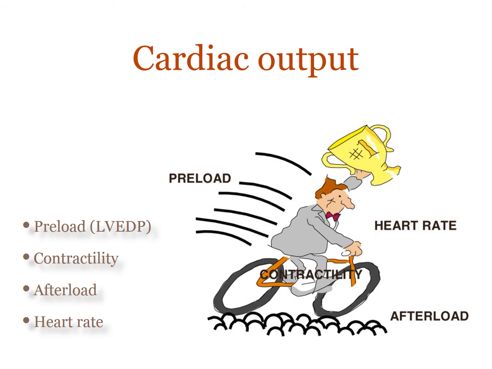And finally, afterload is the force against which the ventricles must act in order to eject blood, and is largely dependent on the arterial blood pressure and vascular tone. Reducing afterload can increase cardiac output, especially in conditions where contractility is impaired.